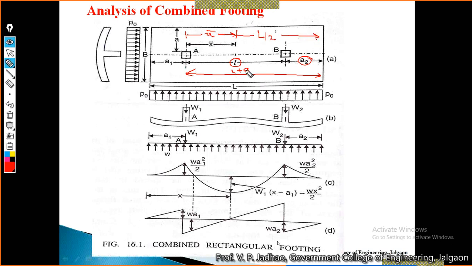So this particular distance, L plus A2 minus X bar, will be equal to L by 2. So we have got three equations.